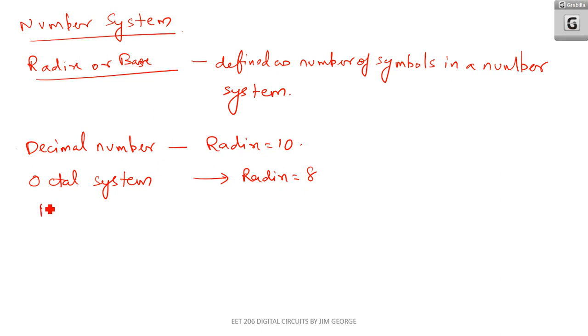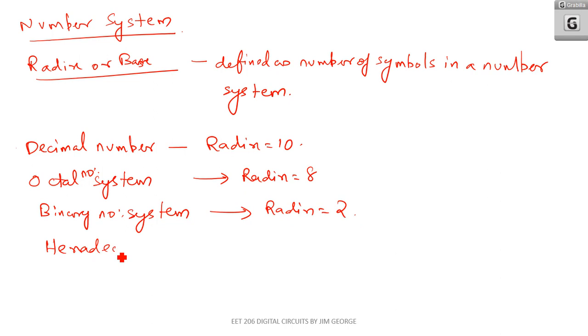In binary number system, radix is 2. And in hexadecimal number system, radix is 16. Okay.